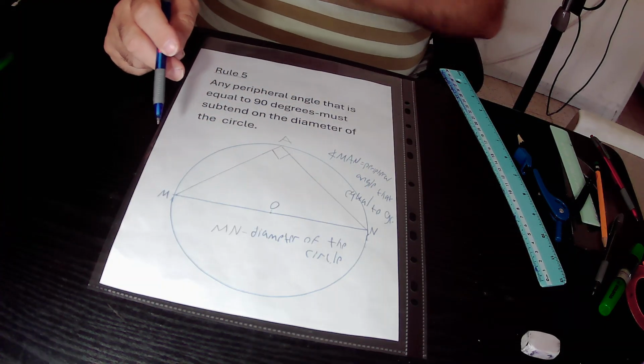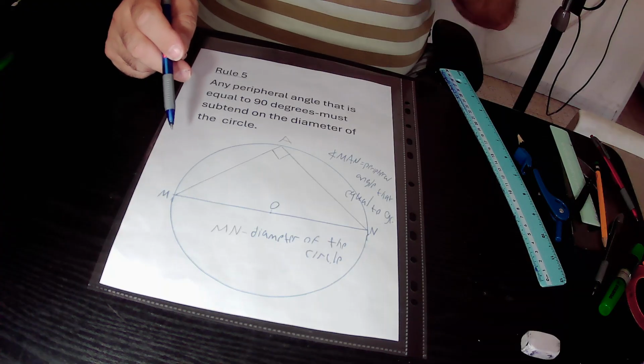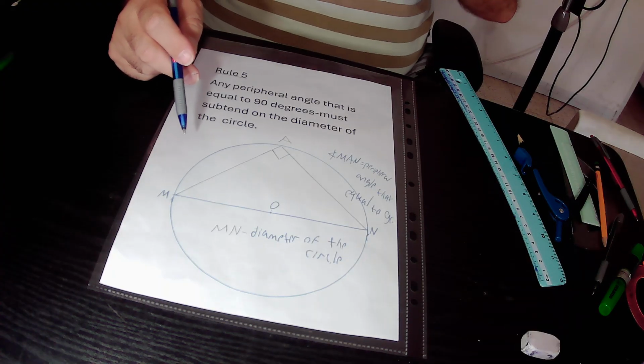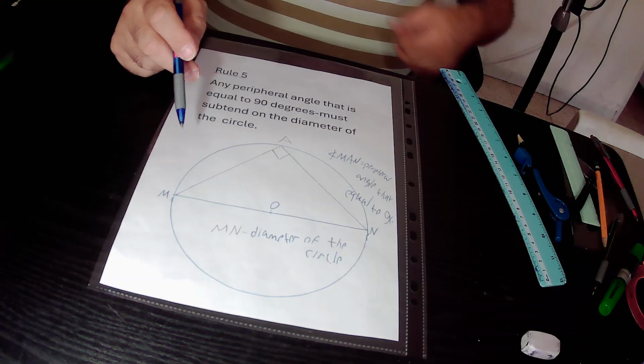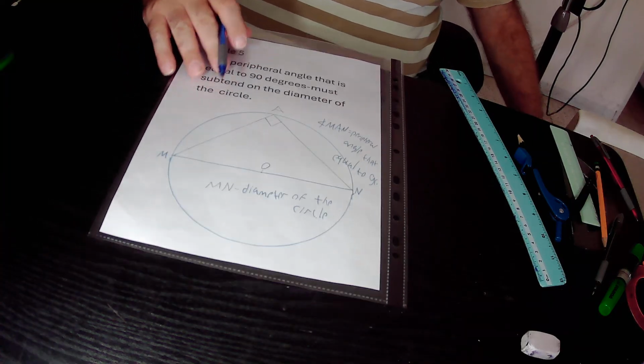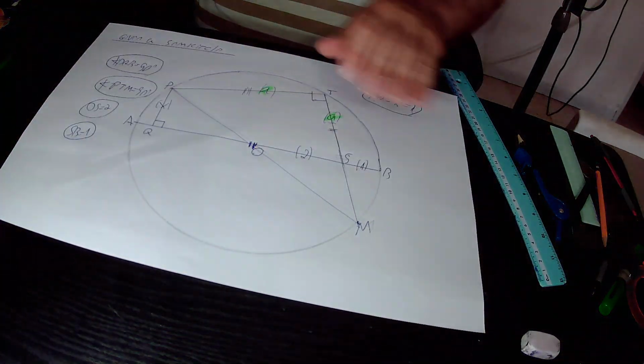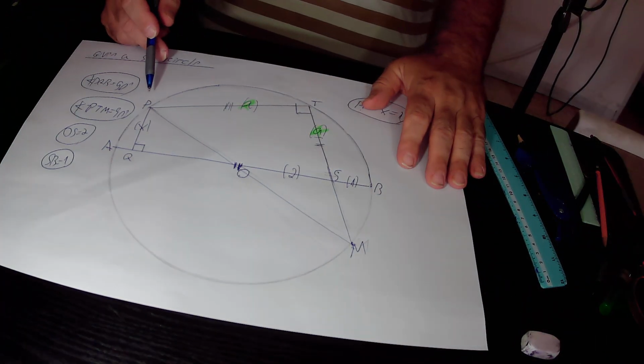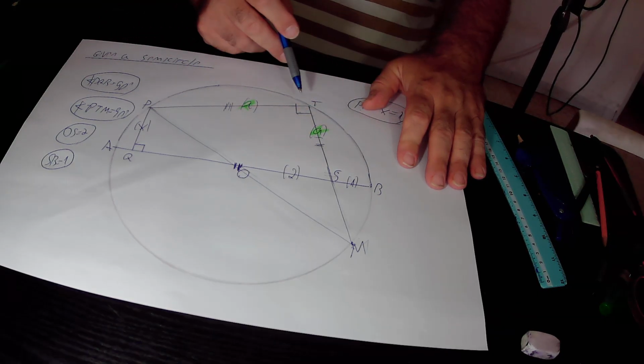So according to rule 5, any peripheral angle that is equal to 90 degrees in size must subset on the diameter of the circle. So can I implement rule 5 in our drawing? This is peripheral angle PTM, that is equal to 90 degrees in size.